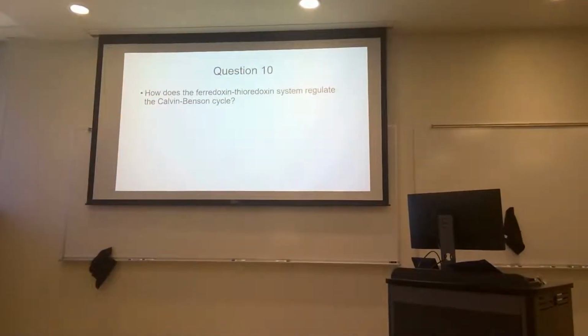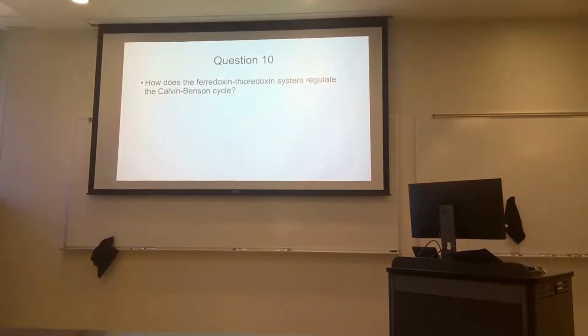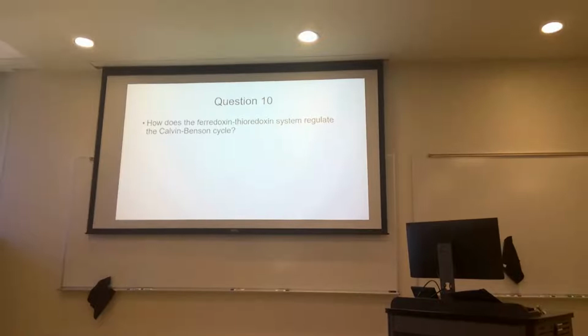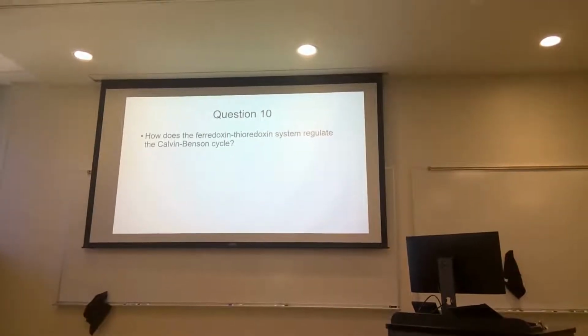And so I know Lucas briefly mentioned this, but give it another try. How does the ferredoxin regulate the Calvin cycle?